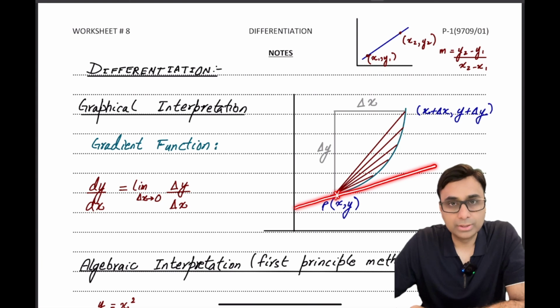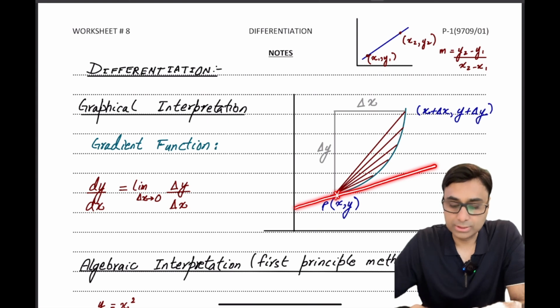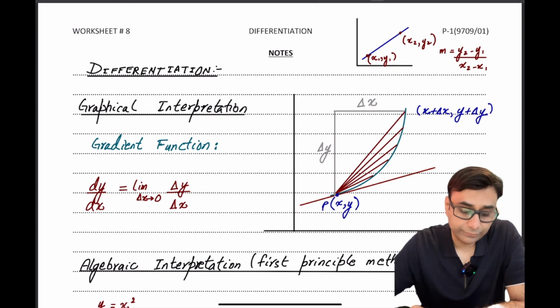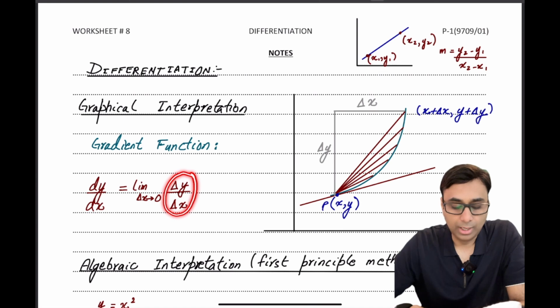But we are more interested in finding out the gradient function, which is basically a single function, and it's a more algebraic, mathematical process where I should be able to find out the gradient function more accurately. What we identify from here is that if we take a change in y over change in x, and this notation is for the limit as delta x approaches 0.